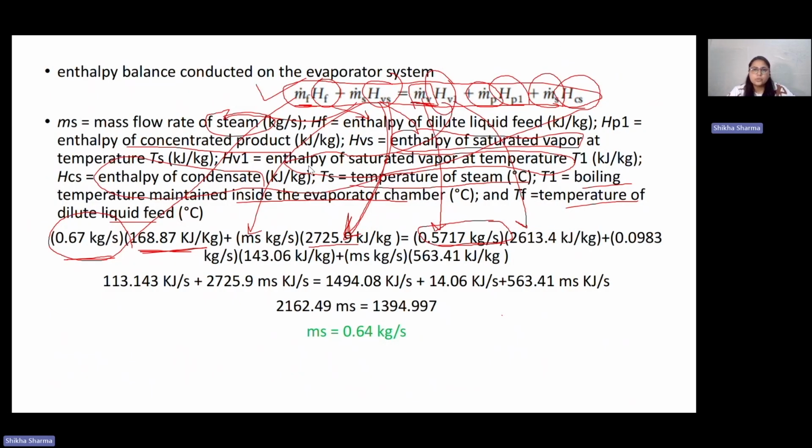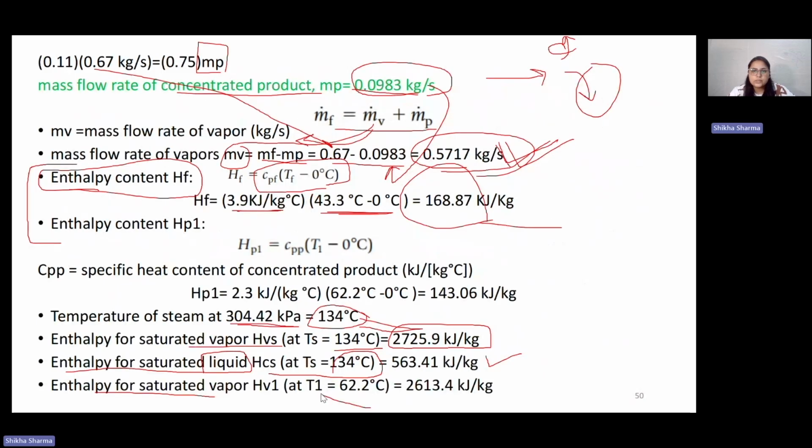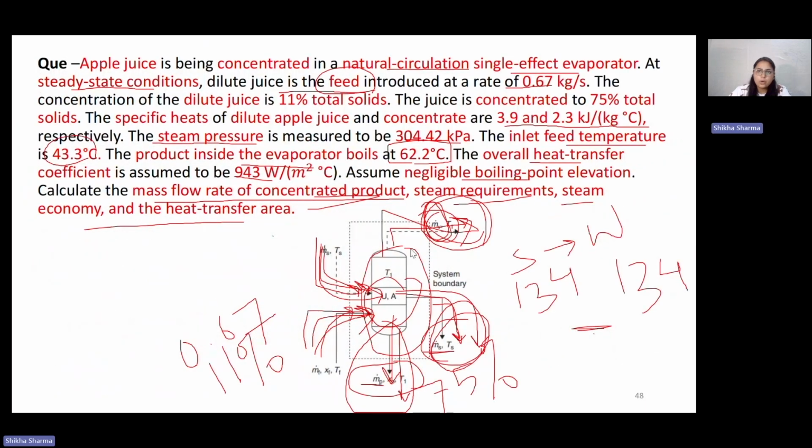So we need to find the enthalpy of the saturated vapor at temperature T1 now. Temperature T1 is basically 62.2 degrees Celsius. Whatever vapor comes out from the concentrated product will be at the same temperature as inside the evaporator, and the concentrated juice will also come out at the same temperature.